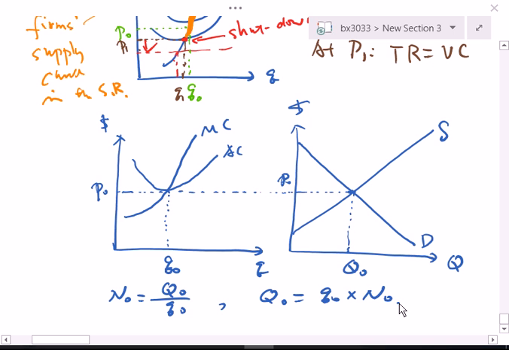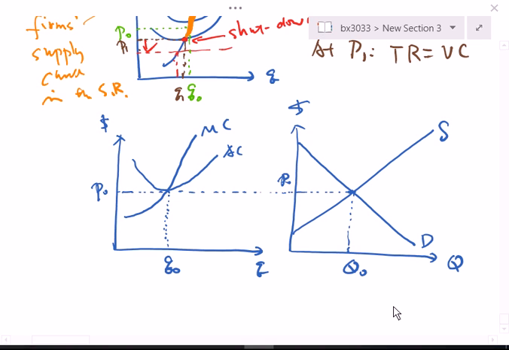And note that I'm starting from a situation where each firm earns zero economic profit. And this is actually the long run equilibrium, because in the long run, firms will earn zero economic profit. So we describe the market equilibrium together with the firm diagram.